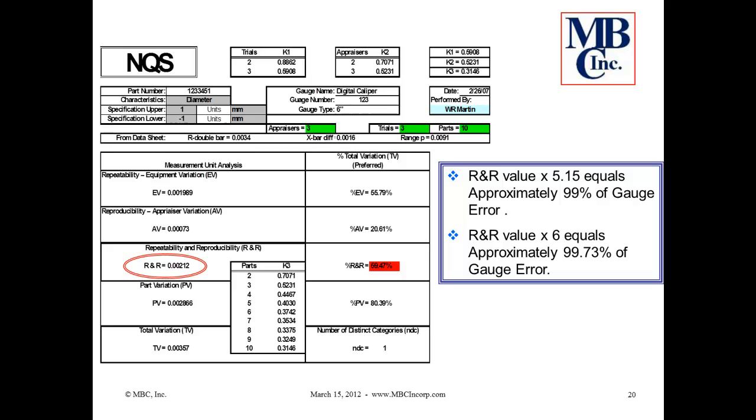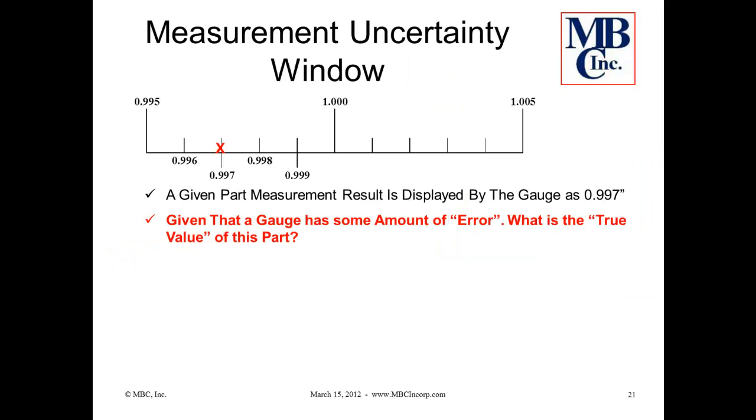The R&R value times 5.15 equals approximately 99% of the gauge error. Multiplied by 6, it covers approximately 99.7% of the gauge error. This can be utilized in understanding measurement uncertainty and a phenomenon known as the measurement uncertainty window.